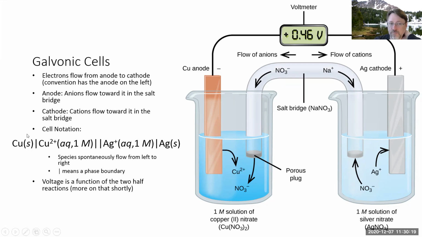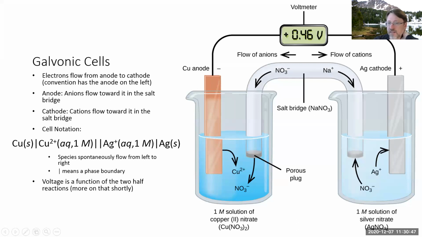So copper is turning into copper 2+, meaning that electrons are being released, which are then flowing away from it. The vertical bar means there's a phase barrier here. And so there's a phase difference between the copper solid and the aqueous solution of copper 2+. We have a double vertical line here, meaning the salt bridge.